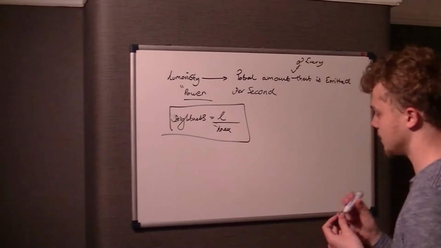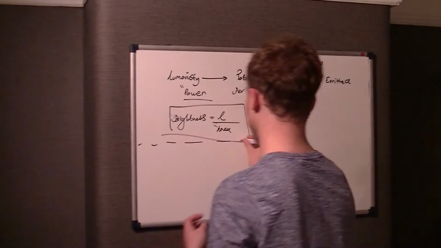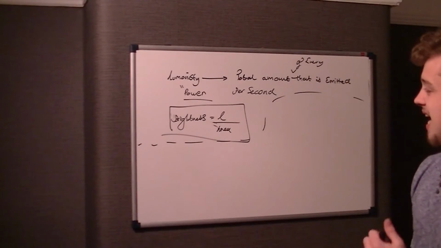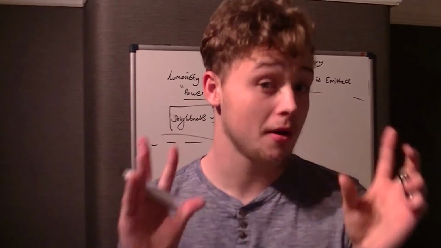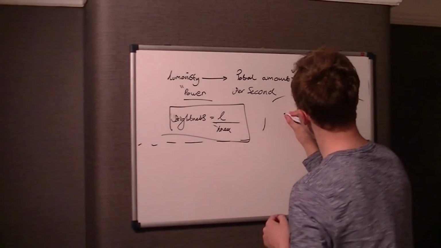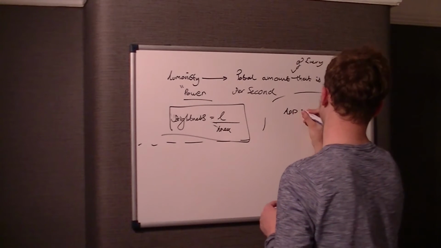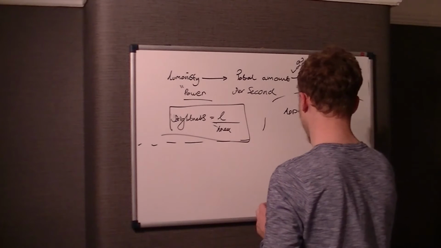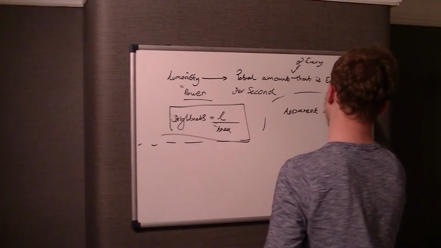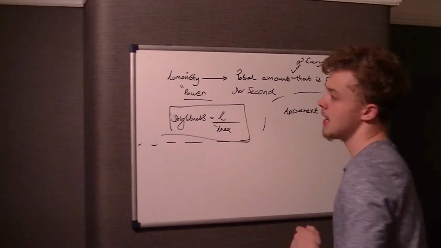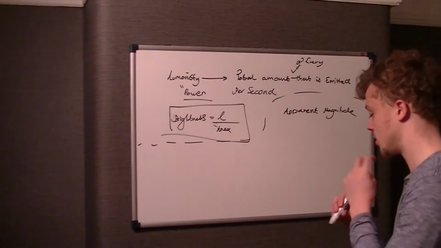You can think of it in quite literal terms. Apparent magnitude is how bright it apparently seems. In other words, we don't take into account certain factors, and these factors are just distance.